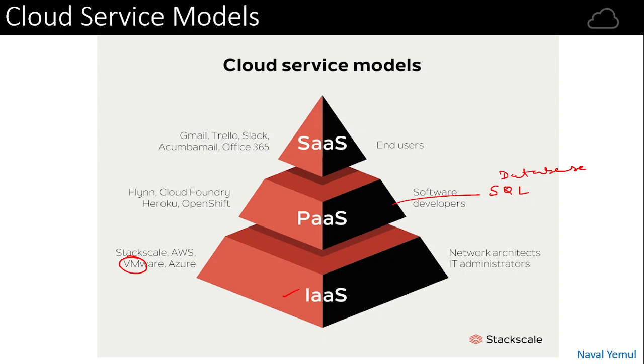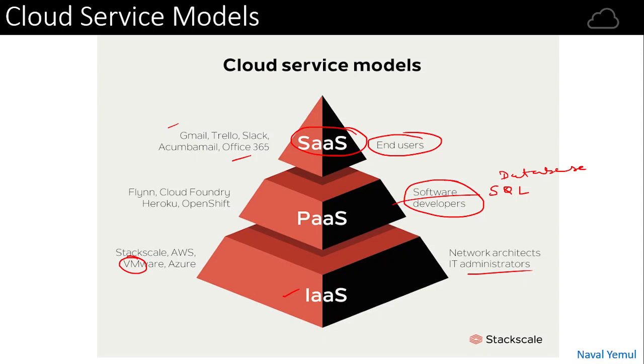And any software like your Gmail or Office 365, which is used for the end users, we call software as a service. Software developers need platform as a service, and network architects and IT administrators will look into infrastructure as a service.